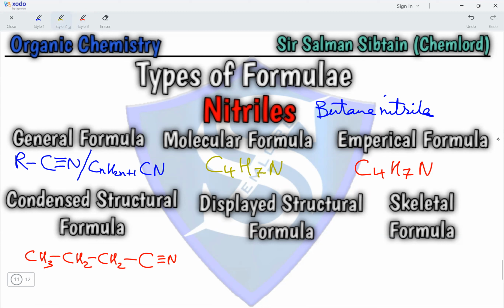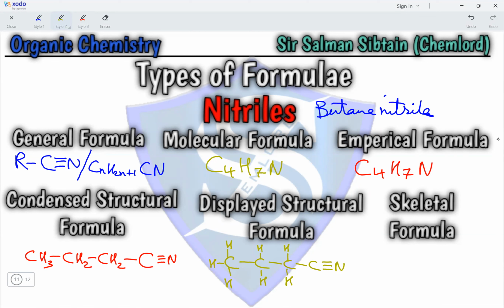In order to display this, we have four carbon atoms in a straight chain with one carbon atom triple bonded to a nitrogen atom. At the other end, it would be a carbon atom attached to three hydrogen atoms, and the middle two carbon atoms would each be attached to two hydrogen atoms, thus completing the displayed structural formula of butane nitrile.